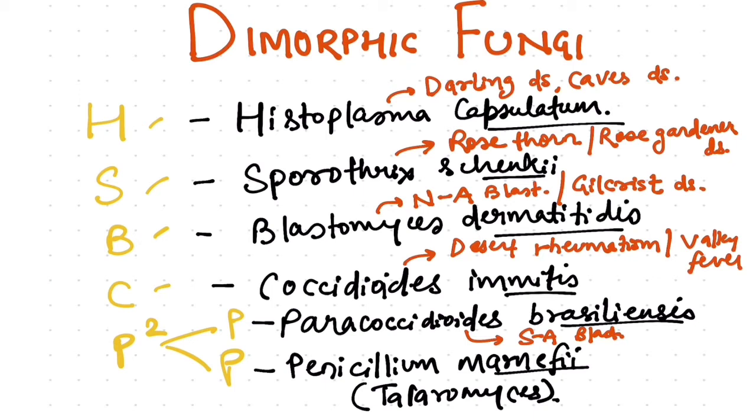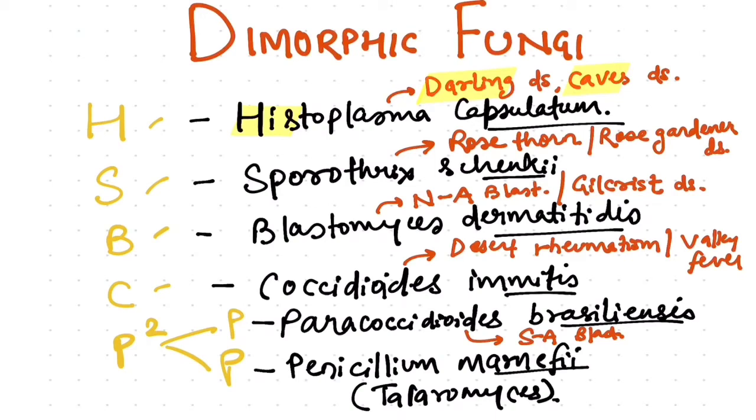So now how to remember this? Histoplasma: remember, his darling is in a cave. His darling is in a cave. So histoplasmosis is also known as Darling disease or Cave disease.